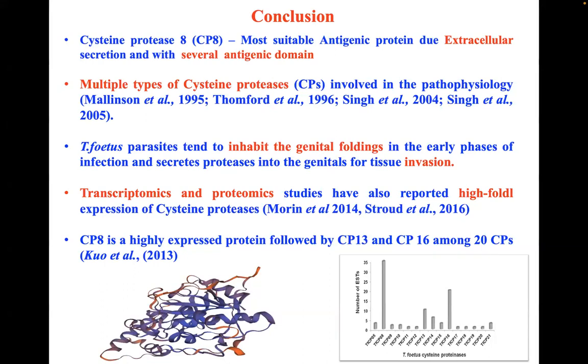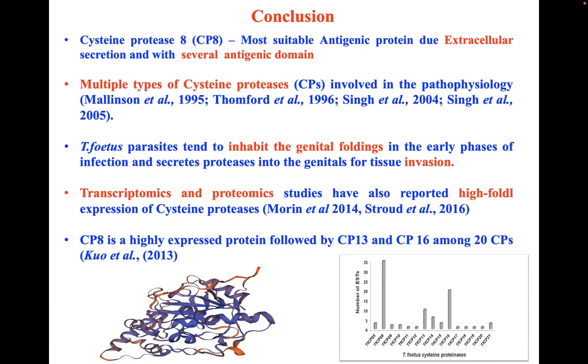So if you choose a cysteine protease 8 based antigenic detection kit, you will be able to detect cysteine protease 8 induced antibodies in the host even from the early stages of infection. If you identify that particular host infected, you can eliminate that host, that cattle, from the herd, and you can separate it from the herd. You can prevent further transmission of the infection in the herd.